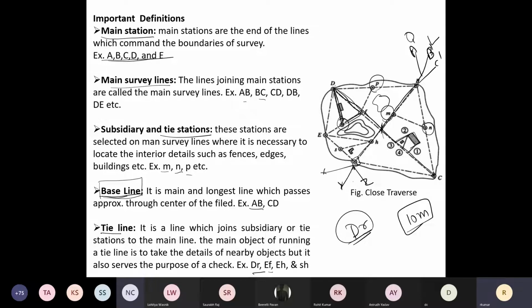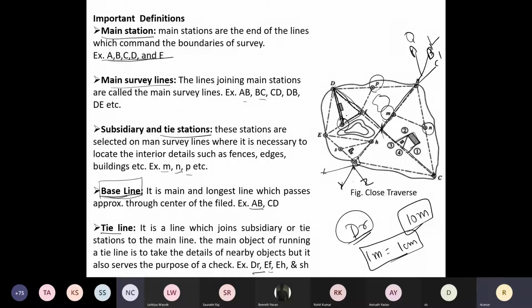Because ultimately, what is our aim? With all this data I have to prepare a map. The map is made on some scale, like 1 meter equal to 1 centimeter. On the map I measure this DR distance, then I should come to the field and measure DR again.